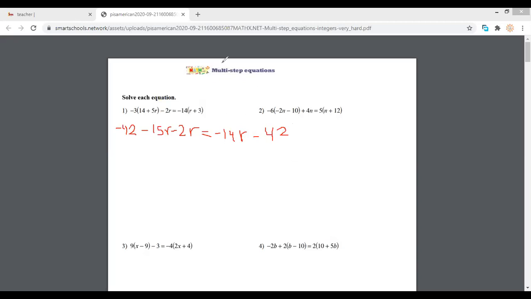To make it easy for yourself, do you notice any 2 terms that are the same on both sides? You have 2 sides, right? Do you have anything to copy and paste? Yes, negative 42. I have negative 42 and negative 42, so I'm going to cancel them.